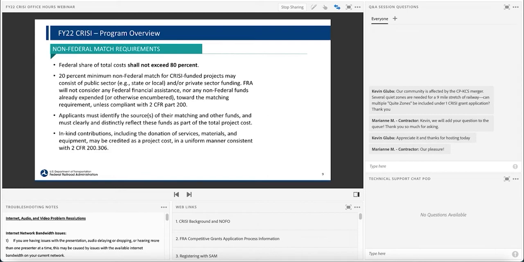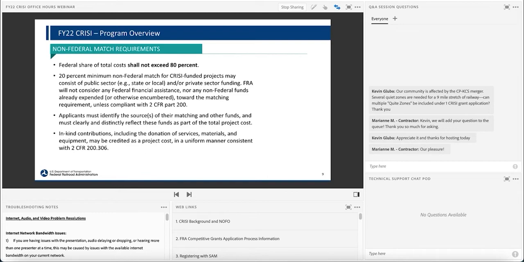FRA will not consider any federal financial assistance nor any non-federal funds already expended or otherwise encumbered toward the matching requirement unless it's otherwise compliant with 2 CFR Part 200.